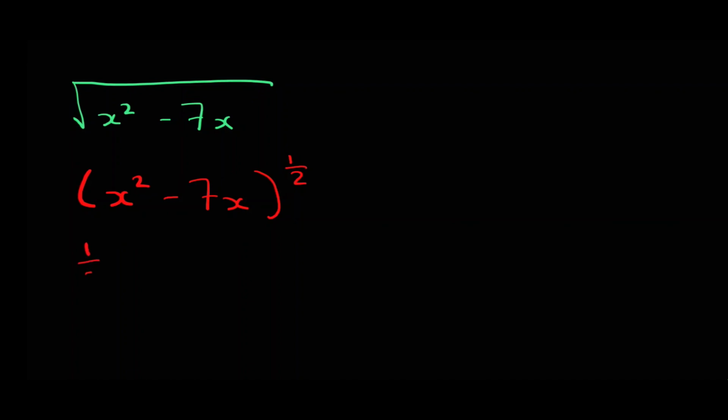And now we can use the chain rule like before. So differentiate the outer function using the power rule by bringing the half out the front and subtracting 1 from the power. And then we can multiply by the derivative of the inner function. So differentiating x squared minus 7x gives 2x minus 7.